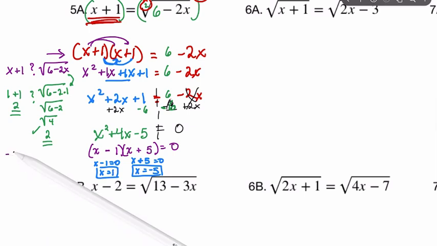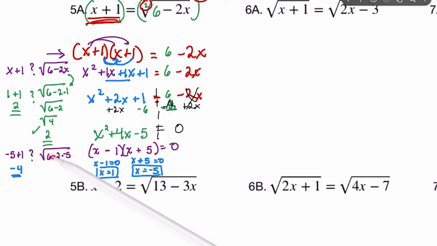It goes negative 5 plus 1. Does it equal the square root of 6 minus 2 times negative 5? And right away, the answer to this is no, because the left side comes out to a negative 4. I don't know what this side's going to come out to, we'll find out in a second, but when I square root it, it's not going to come out negative. If the number under here is positive, it'd be a positive answer when I square root it.